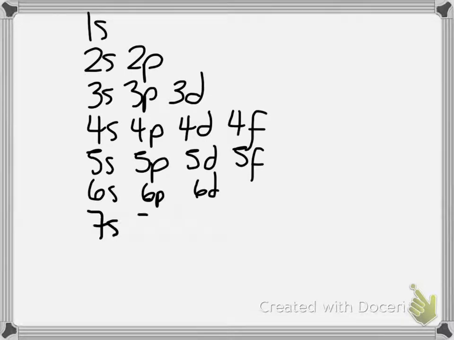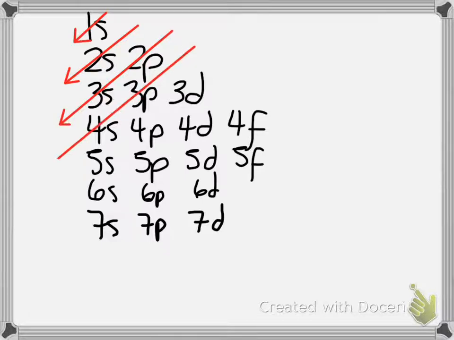7s, 7p, 7d. It matters because if we do these lovely little lines, and everybody's fine up to here, like I said. If you're starting at 4D, which we do plenty of things that go to 4D, that line goes through to 6S.